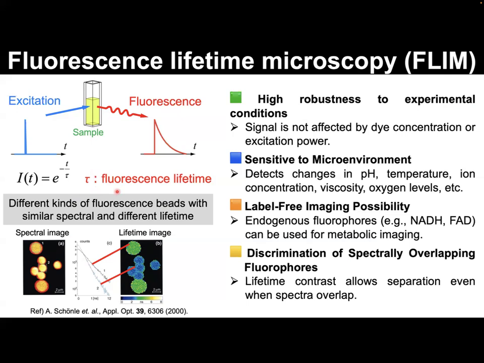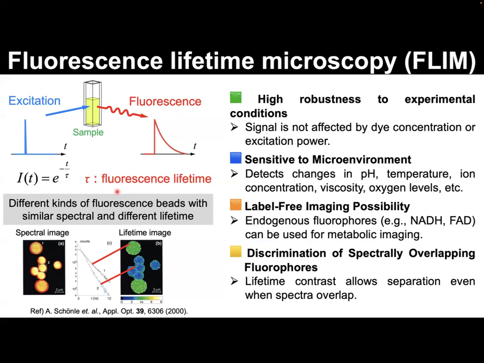The fluorescence lifetime tells us how long the molecules stay in the excited state before emitting light. In this case, the fluorescence lifetime gives important information about the molecule and its surroundings.